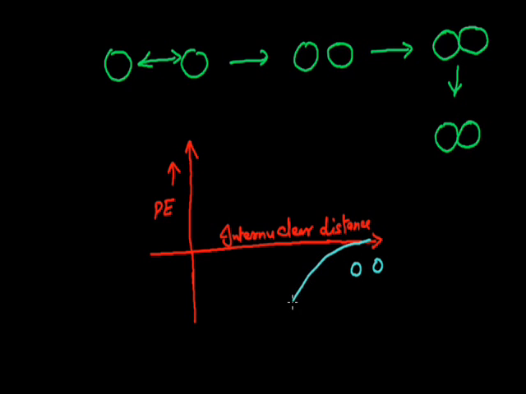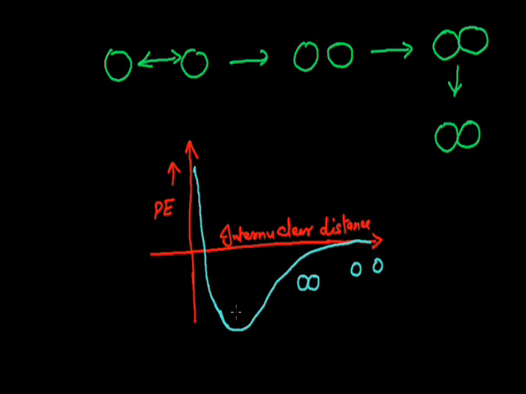And when they start approaching towards each other, such a graph is seen, which shows that as the internuclear distance is decreasing, the energy is also decreasing. Energy was 0 initially and now it is becoming negative.